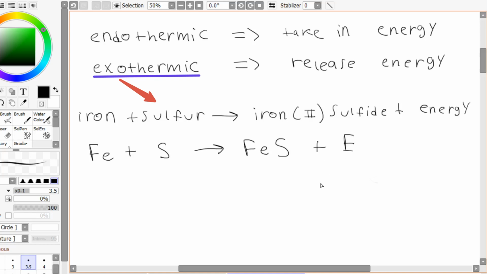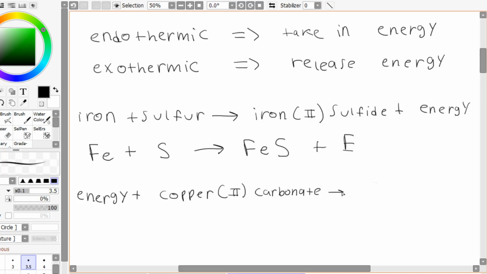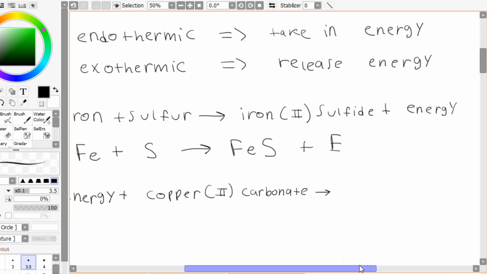It is good practice to specify the state of the reactants and products, such as in the other equation, we can have energy plus copper 2 carbonate, and that is going to create carbon dioxide and copper 2 oxide.